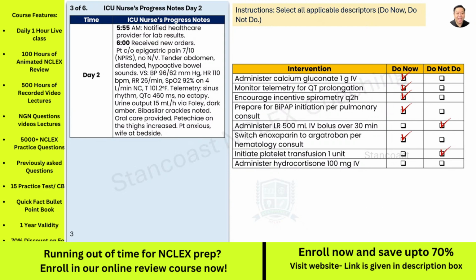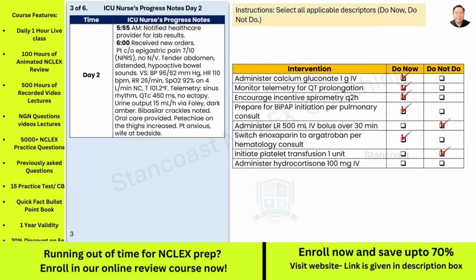And I want you to pay attention right now. Platelet transfusion is not indicated at 60,000 because it exceeds the American Association of Blood Banks threshold, usually around 10,000 for prophylactic transfusion in stable, non-bleeding patients. So I want you to pay attention to this guideline.